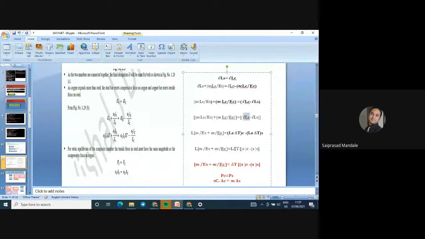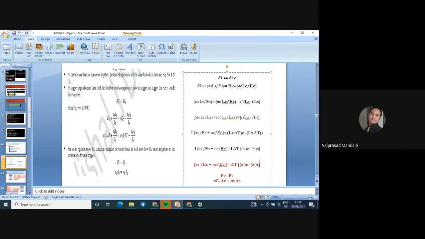So I'm going to withdraw L and delta T as common. From LHS and RHS, I'm going to cancel L. So the terms remaining are sigma S upon ES plus sigma C upon EC equals, L will get cancelled, delta T into alpha C minus alpha S.